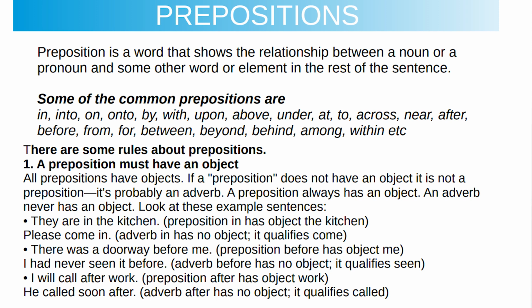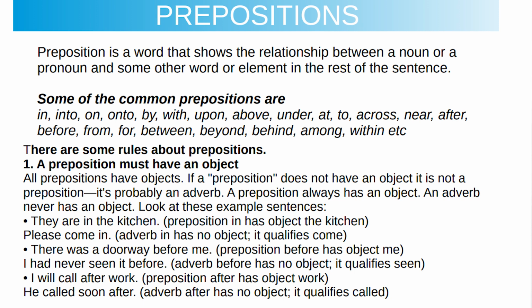An adverb never has an object. Look at the following examples. They are in the kitchen. The preposition in has the object kitchen. Please come in. Here, in is not a preposition because it has no object. It is an adverb.